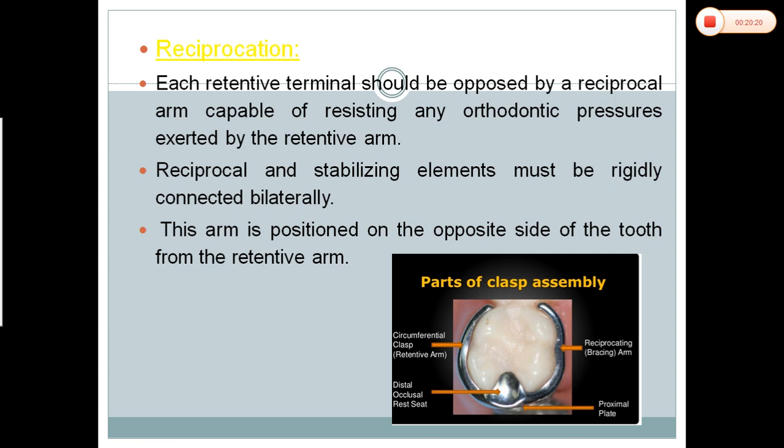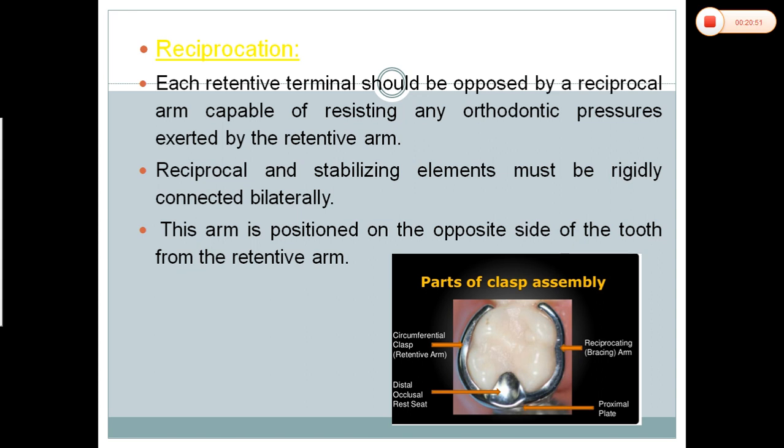When the prosthesis is placed into position and removed, every time it is seated and removed, the tip of the retentive arm engages the greater circumference. Because of this contact, lateral forces are generated. So all these lateral forces have to be nullified every time, or else they will cause a damaging effect on the abutment teeth.